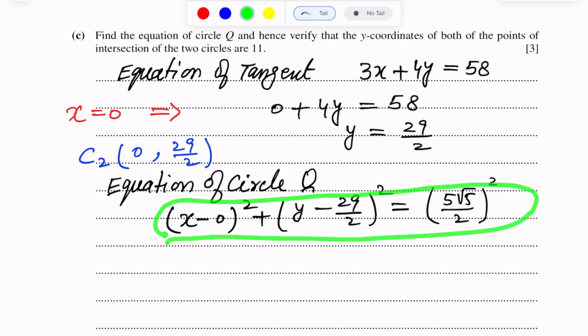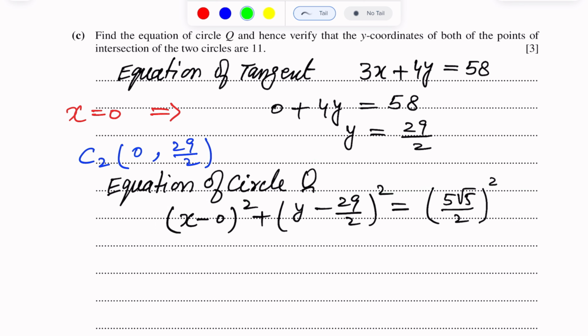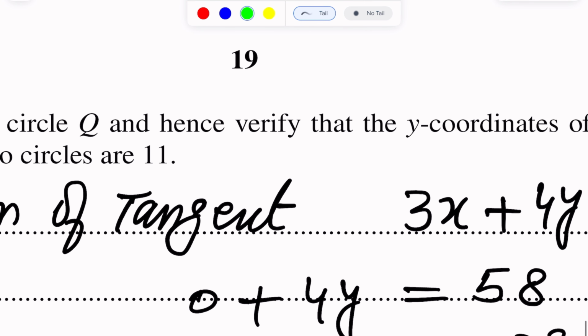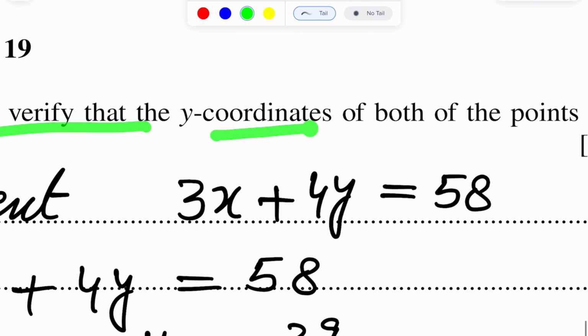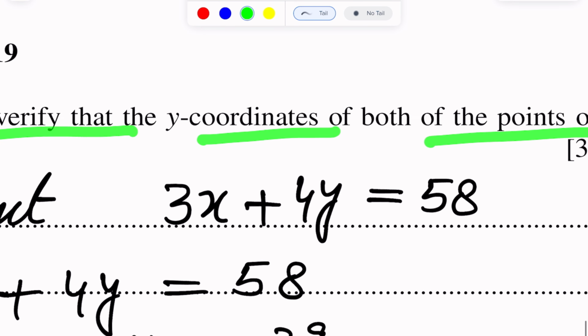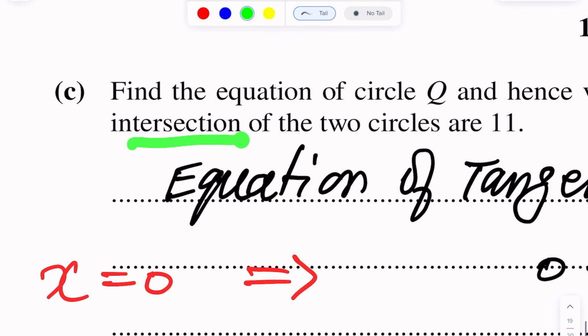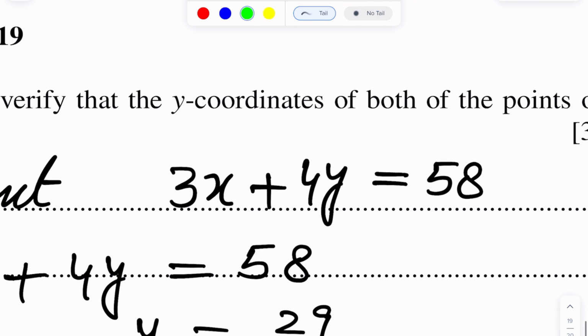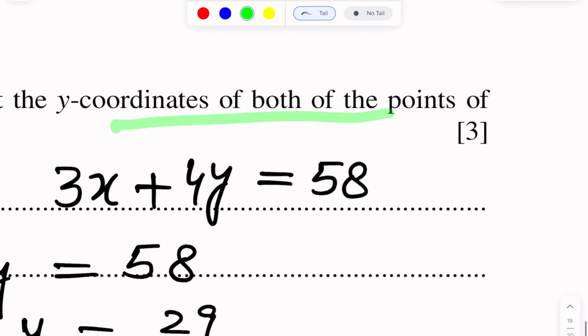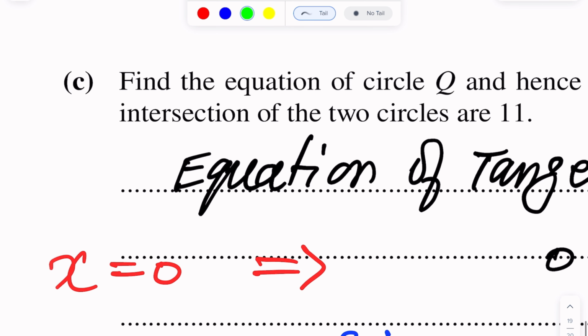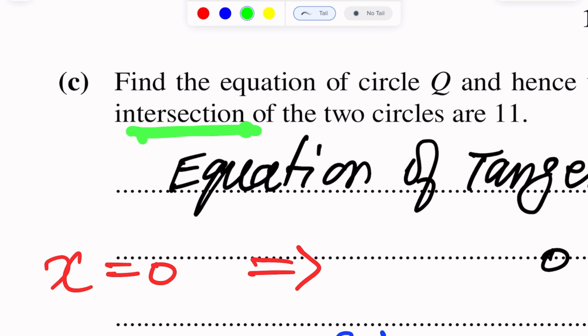Now we have to verify that the y coordinates of both the points of intersection of the two circles are 11.